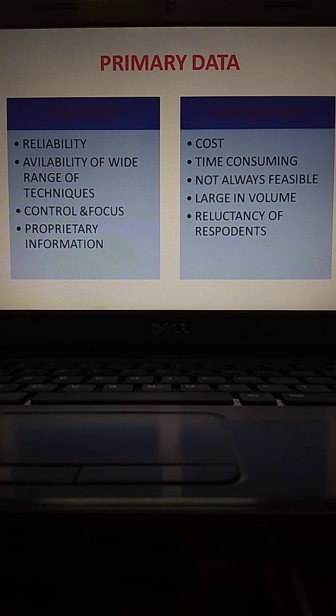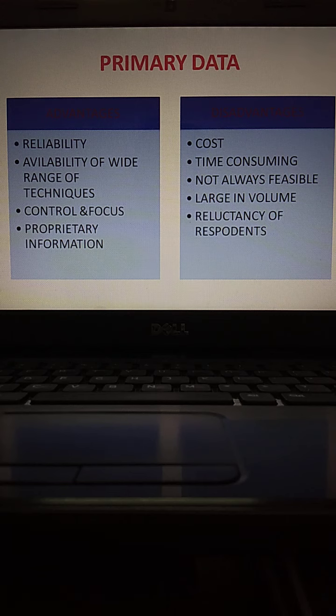After that only, the researchers finally resort to collecting the data. Hence the primary data is going to be the more reliable one. One can, without any iota of doubt, depend on this primary data as far as decision making is concerned.